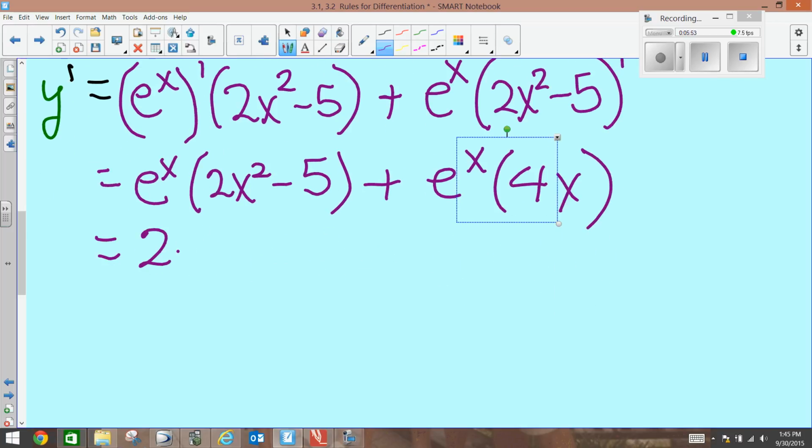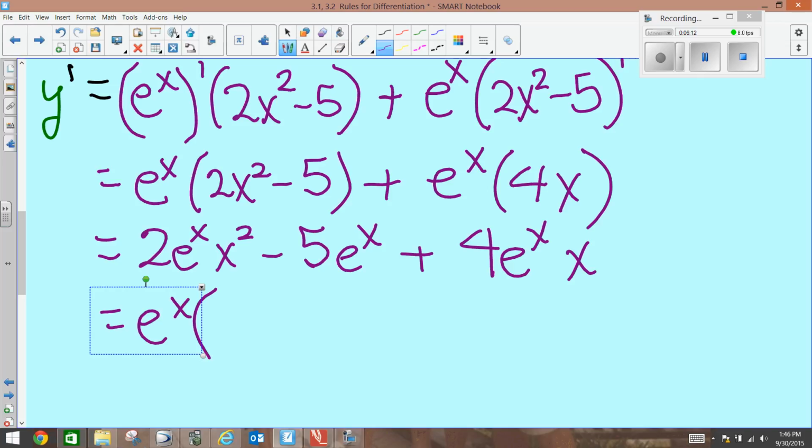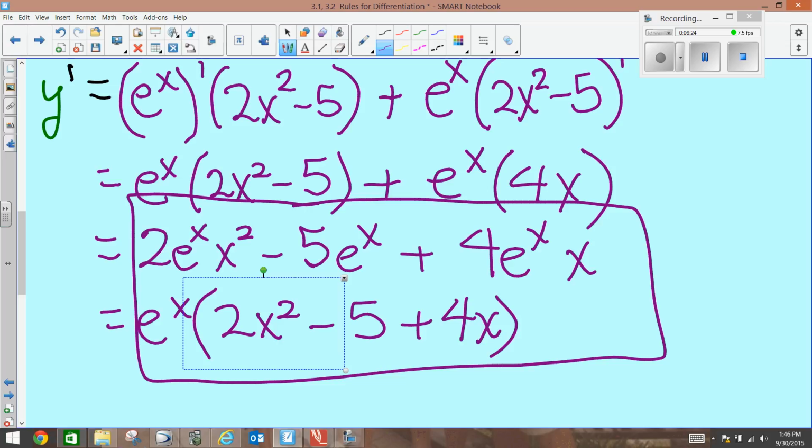You got 2 e to the x times x squared minus 5 e to the x plus 4 e to the x times x. We could leave that alone, or we could factor it. E to the x is in every single term, so e to the x times 2x squared minus 5 plus 4x. Done. Either one of these is okay. Okay, so that's using the product rule.